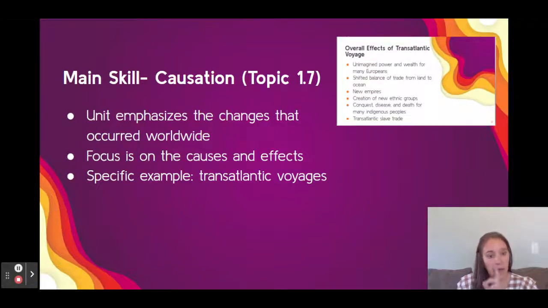And so if you want to check that out, go to my writing playlist and you'll see that I have a question about the transatlantic voyages where you would really practice this skill of causation with the idea that there were those causes, right? The changes in the ship or the environment in Europe, and then the effects, looking at some of those things like the Columbian Exchange.